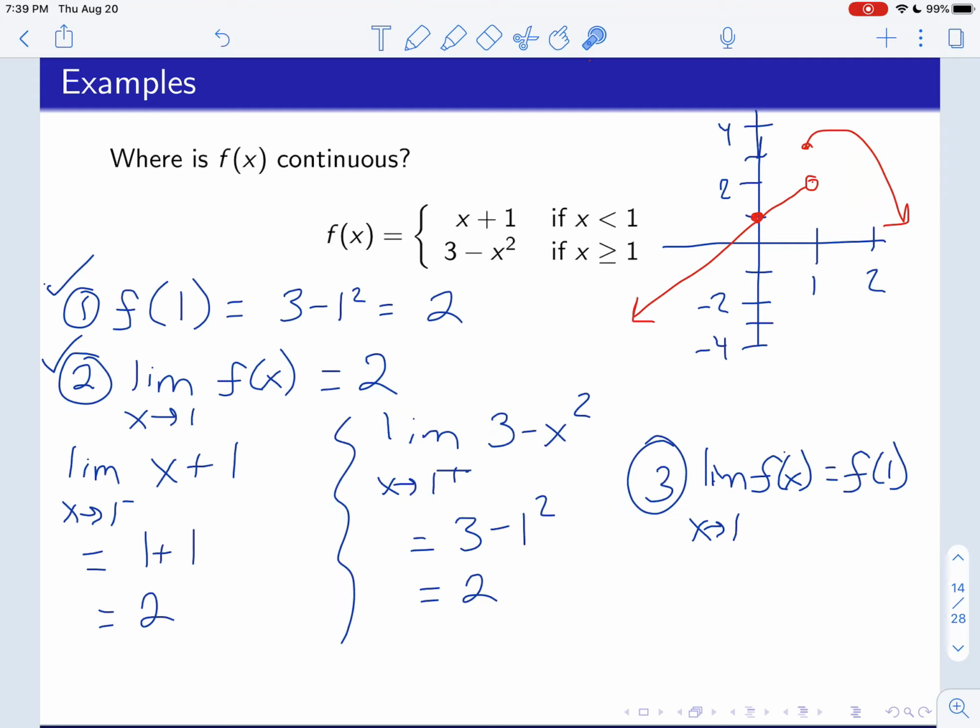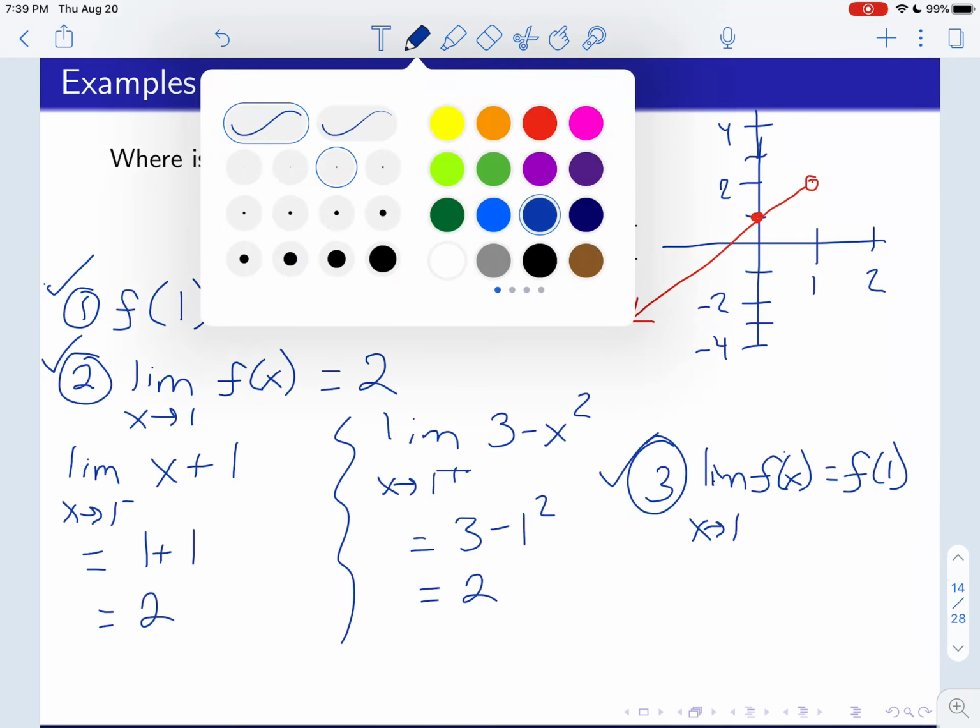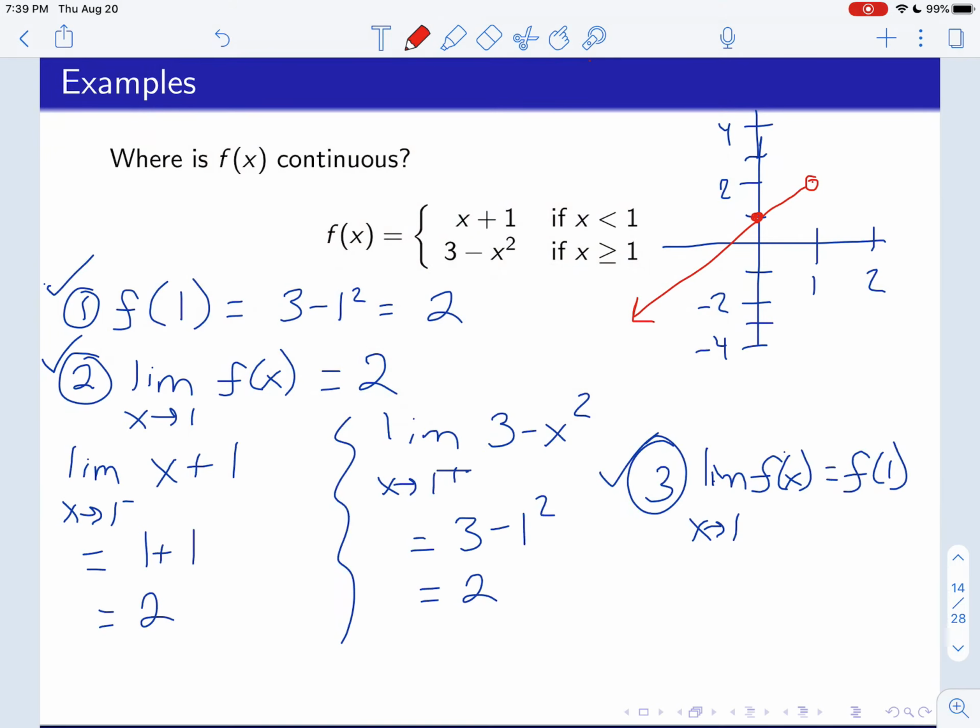And sure enough, they do. All right, so that means this is continuous at 1, and the picture that I drew to start off with, because remember we were just asking where it might be discontinuous, turns out that it actually connects up and makes its parabola shape going off that way. So that's all one big continuous function.